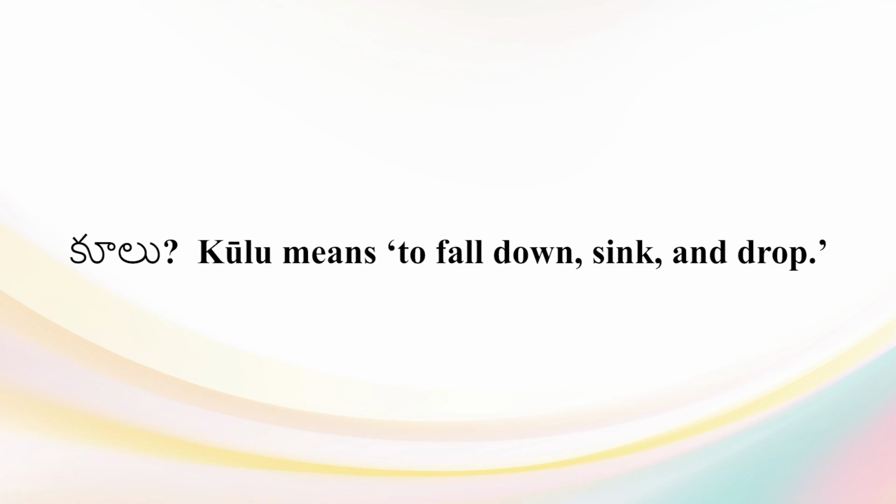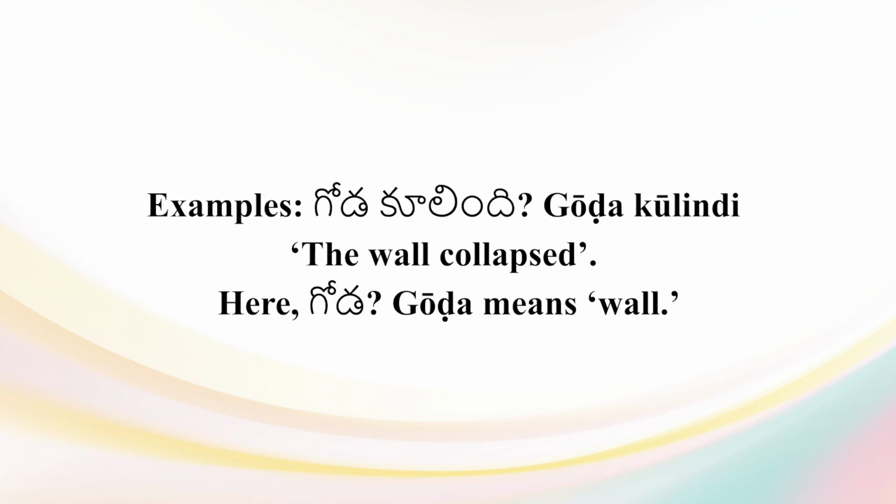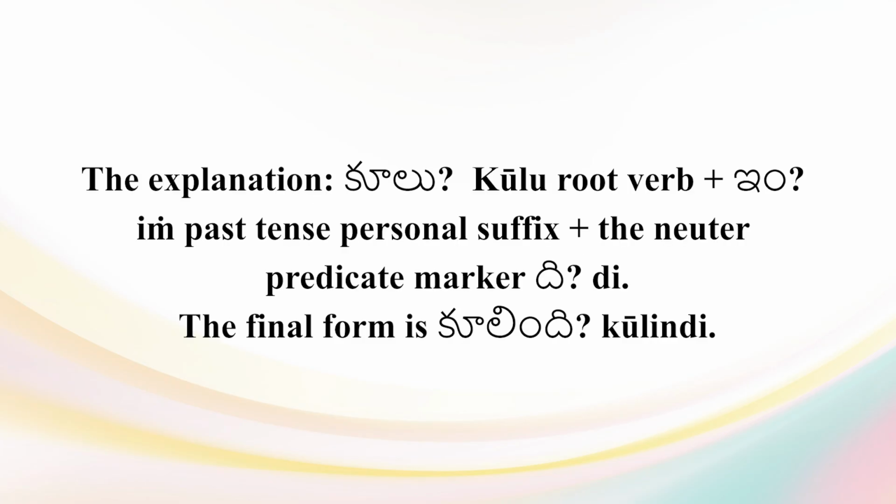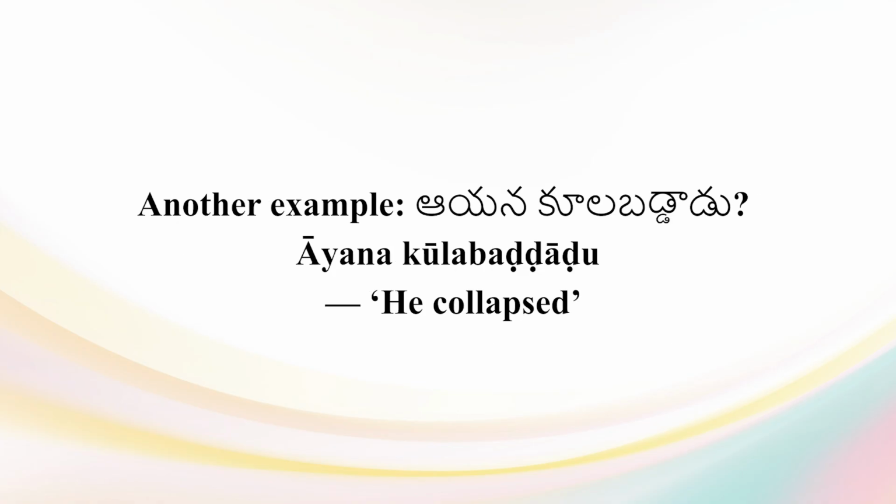Kulu means to fall down. See the example here. Goda kulindi, the wall collapsed. Here goda means wall. The explanation here, kulu root verb plus im past tense personal suffix plus the neuter predicate marker di. The final form is kulindi. See the example. Ayana కూలబడ్డాడు. He collapsed.